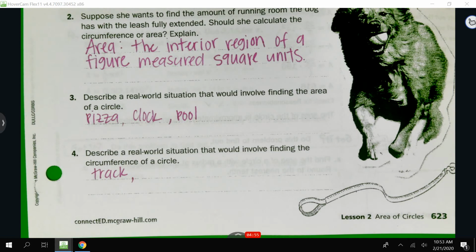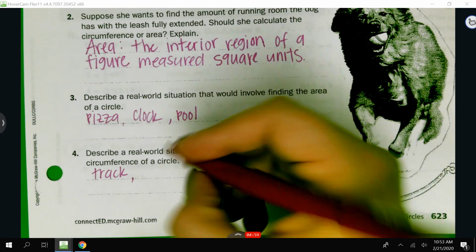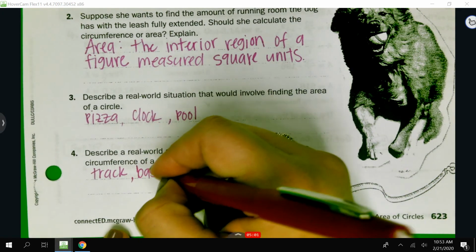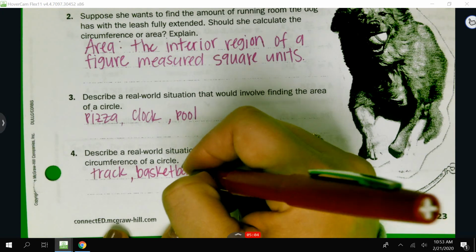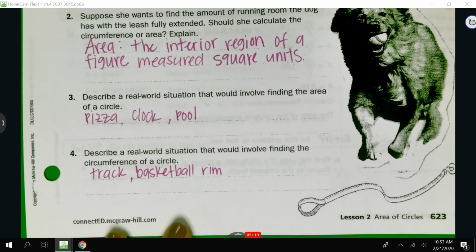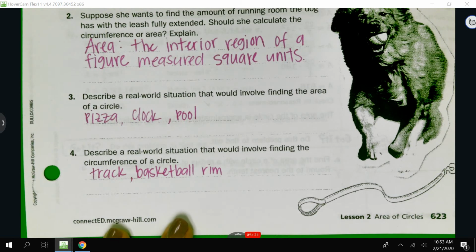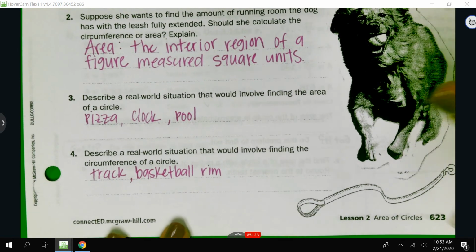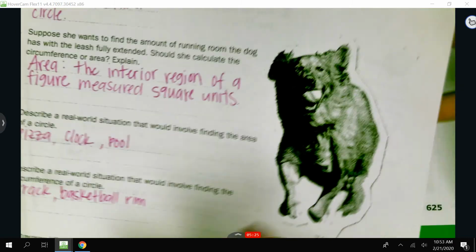The rim, the basketball rim, right? That would be circumference. See how big the rim is. The inside of a donut? Like how big the hole is? Okay. The size of the hole of the donut. Alright, so obviously there's lots.